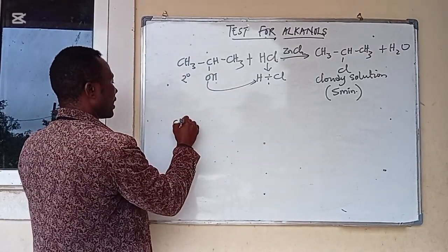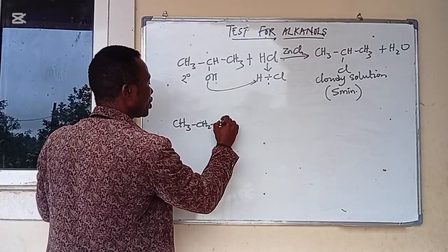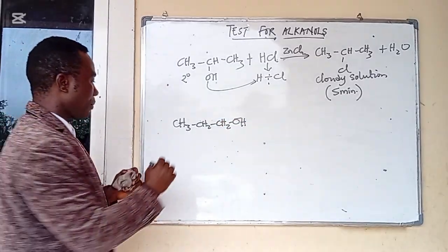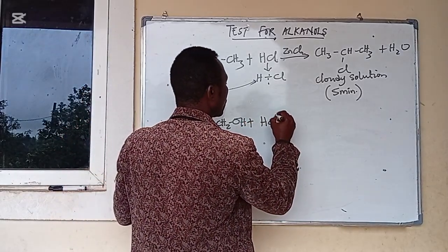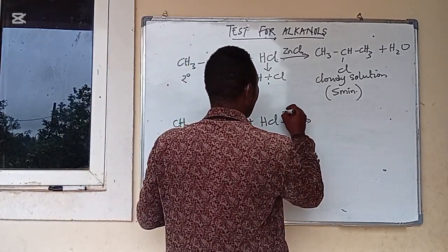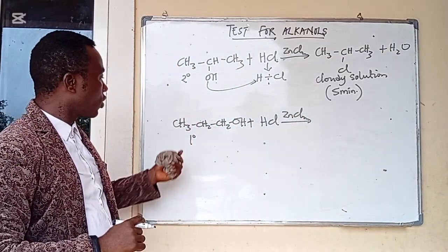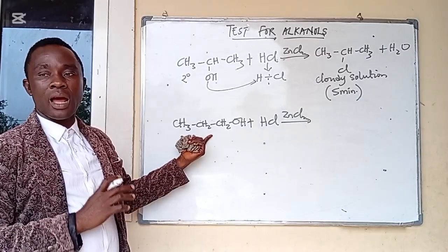Now we come to primary alkanols. A primary alkanol like CH3CH2CH2OH is a primary alkanol. When you react it with Lucas reagent, the reaction will not take place. Lucas reagent will not react with primary alkanol.